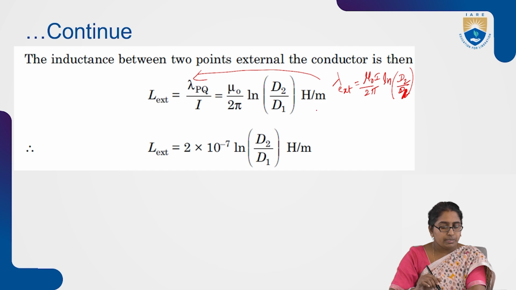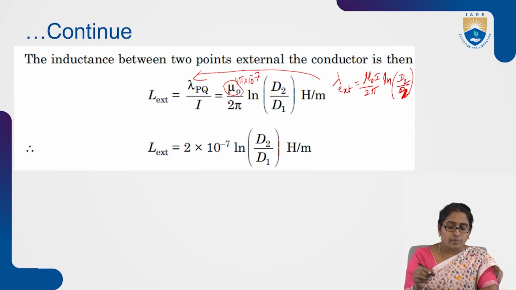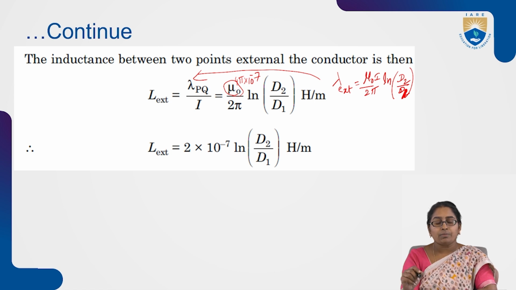So that's why the unit is henries per meter length. Now finally, if we substitute the mu naught value here, what is the mu naught value? We know that it is a standard fixed value, 4 pi into 10 power minus 7.